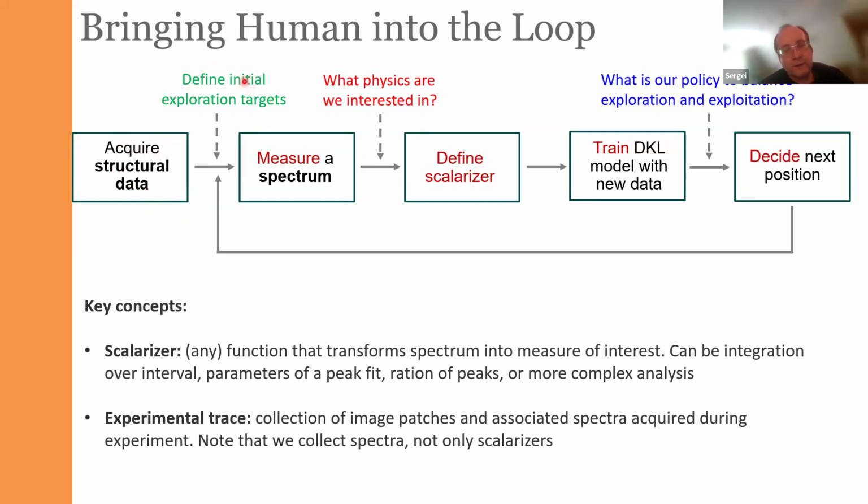However, the first thing that we can do is to define initial exploration targets, meaning that once we run a DKL experiment, we need to define where we are going to take the first seed measurements. And this ends up working exceptionally well.